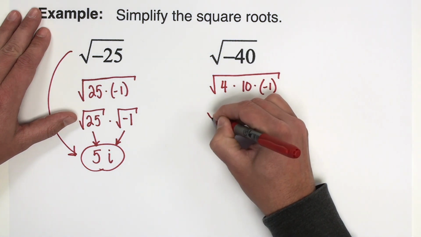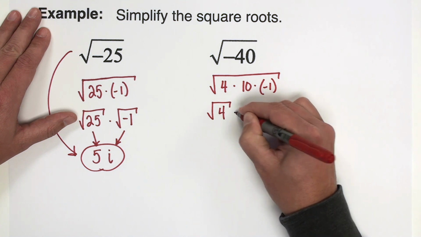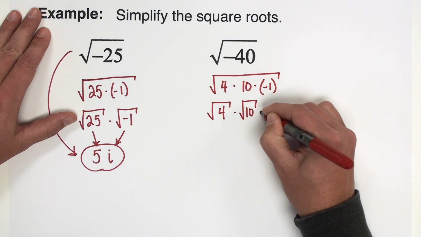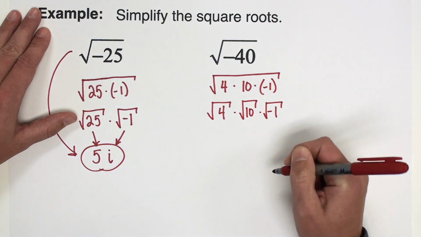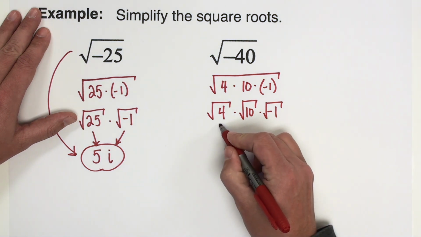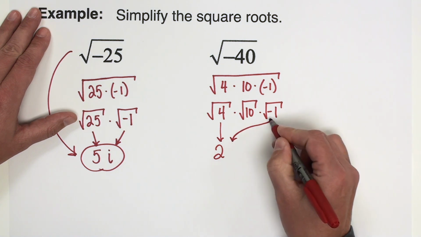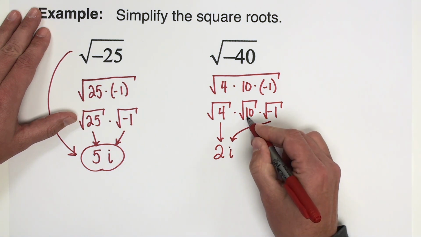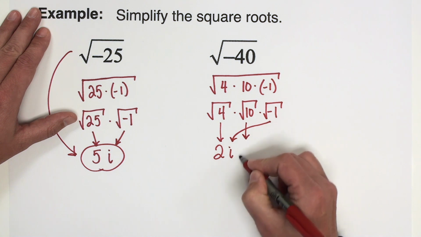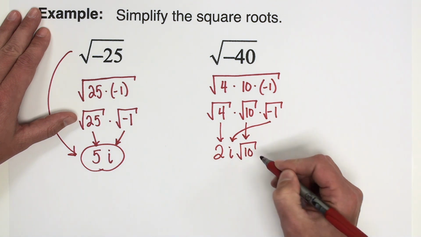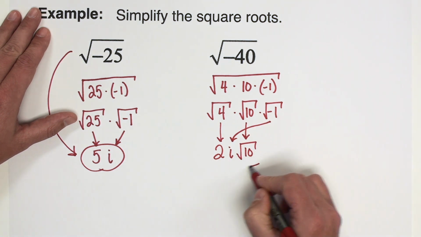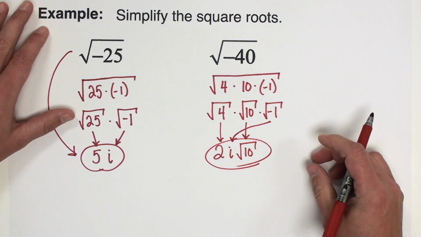And if I split this up, then we've got the square root of 4, square root of 10, square root of -1. So this 4 becomes 2. This square root of -1 becomes i, and this square root of 10 is left over as the square root of 10. So I've got my answer like that.